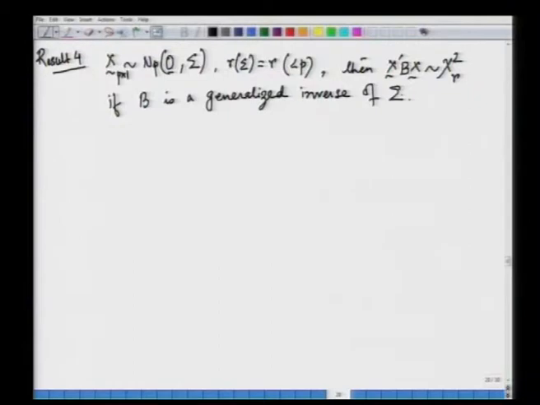So, you can see we have a situation of a singular multivariate normal distribution here.